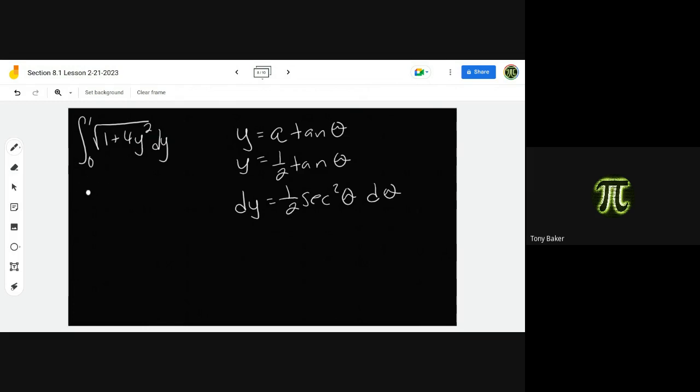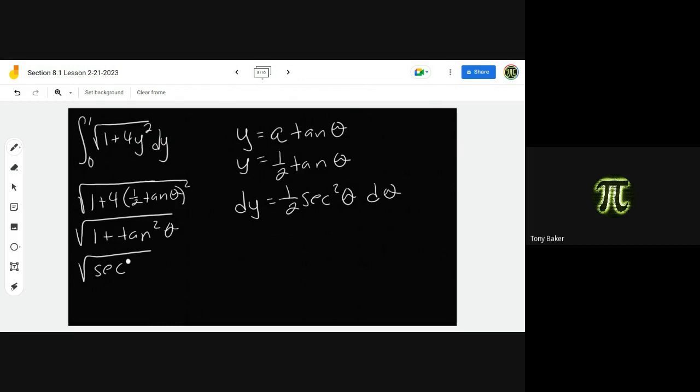I've got to find the 0 and the 1 too, because I'm not going backwards. So we have 1 plus 4 times 1/2 tangent theta squared. So I have 1 plus tangent squared theta, which is secant squared theta, so the square root is just secant theta.